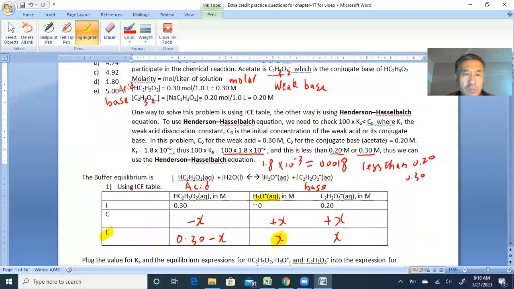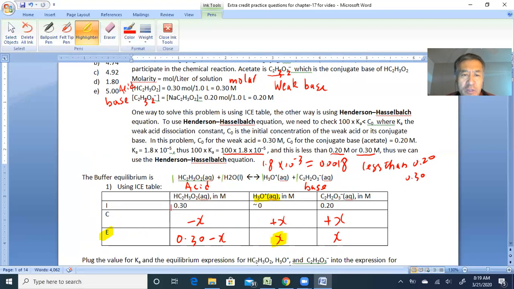So the first is using the ICE table. To use the ICE table, we have to know the buffer equilibrium. The buffer equilibrium is written here in this equation, and the numbers 1, 1, 1, and 1 are the coefficients. In the ICE table, our acetic acid is a reactant. Water is not in the table because water's concentration does not change. Then we have H3O plus aqueous, and acetate aqueous.